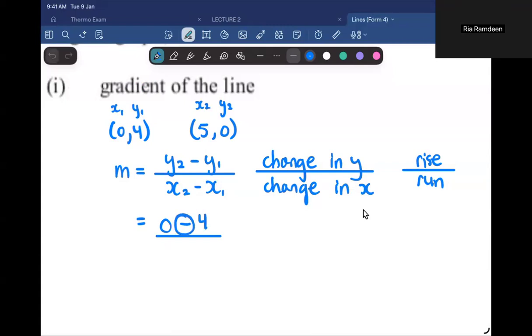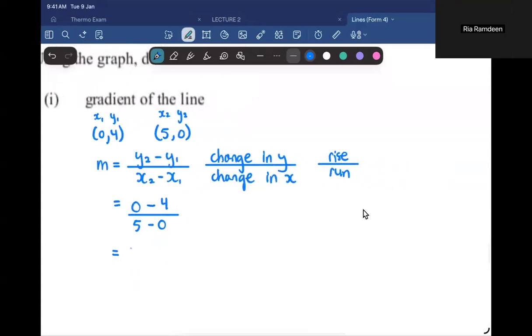I understand. Well, what about x2? 5. What is x1? 0. Right? So what is 0 minus 4? -4. Right? What is 5 minus 0? 5.